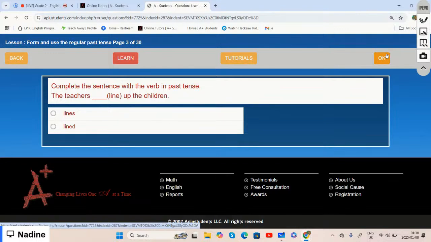All right. So the teachers line up the children. We need to say what is line in the past tense. Is it lines or lined?